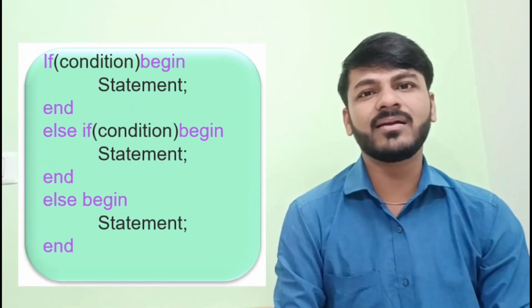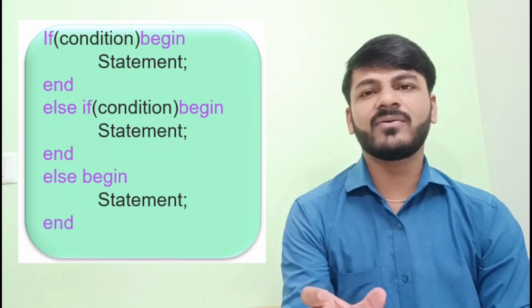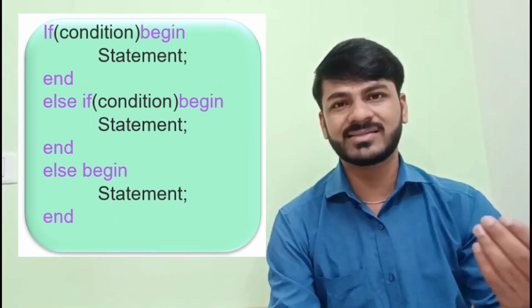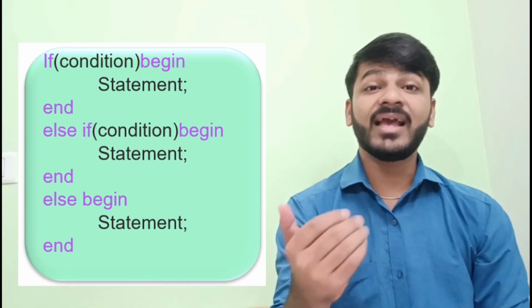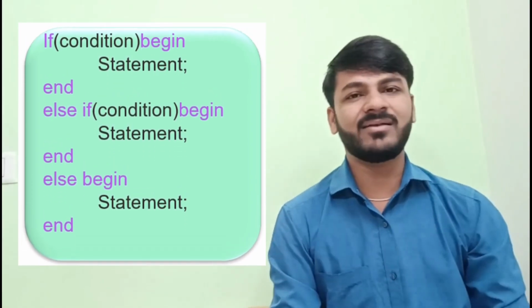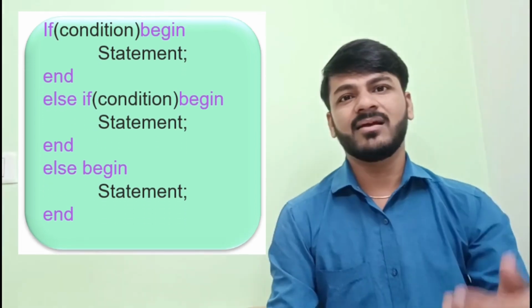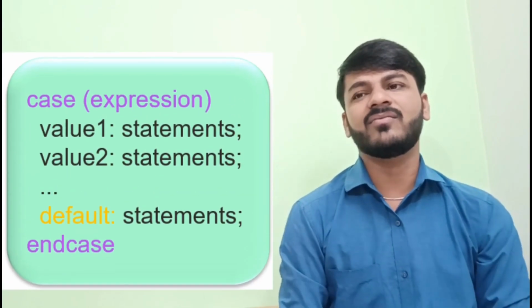The third type is the if else statement, and the syntax is if a particular condition then the statement, then else if a particular condition, a statement, or else the statement. And the fourth type is the case statement, which has multiple cases.